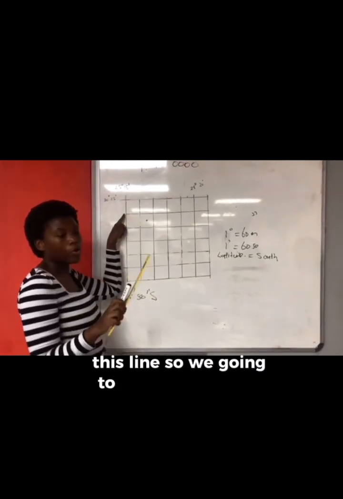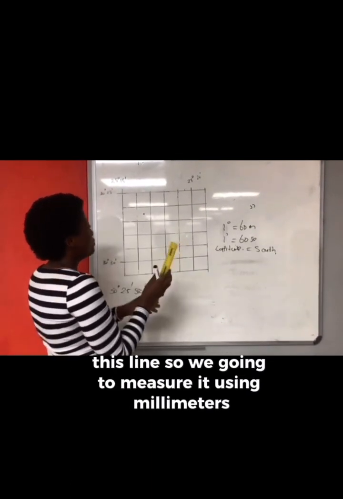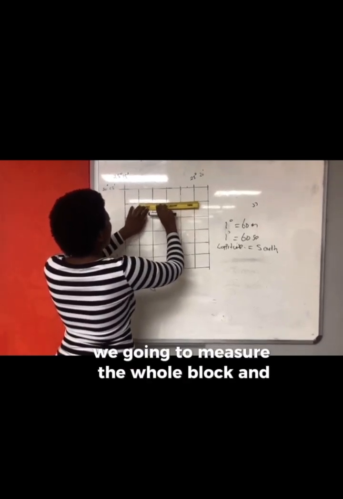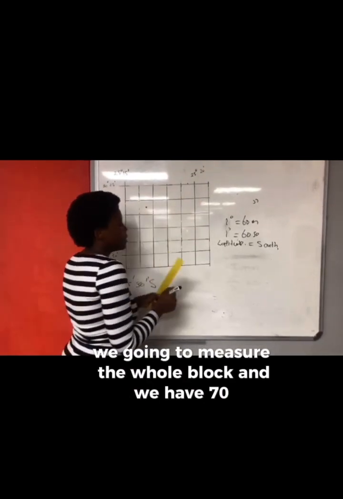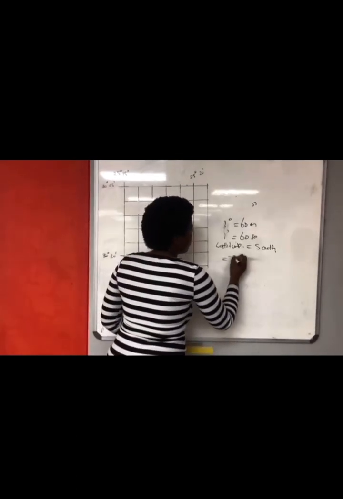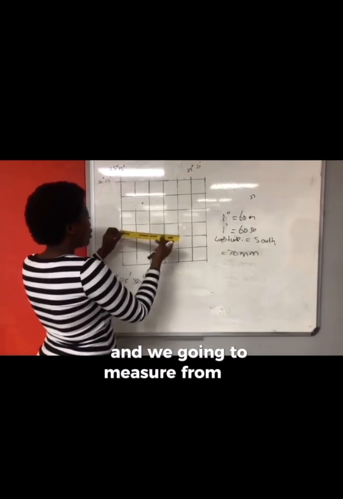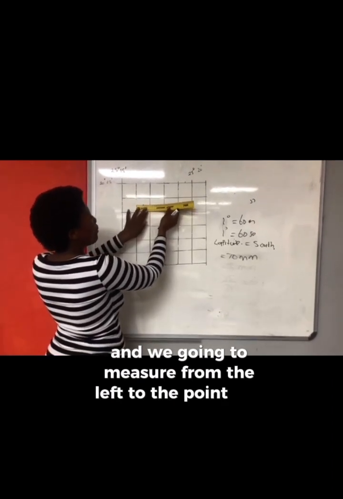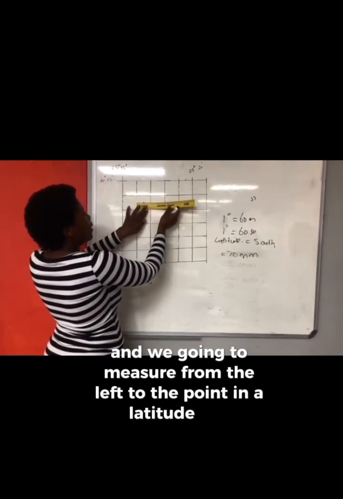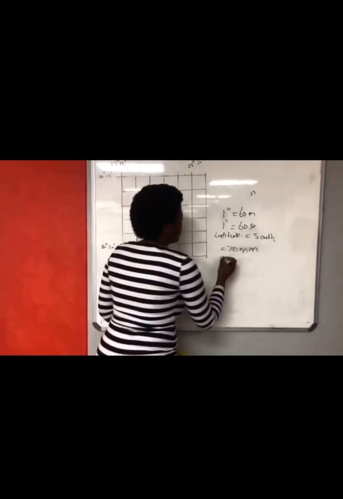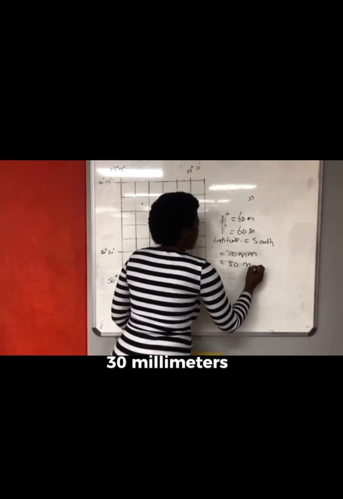We're going to measure the whole block, and we have 70 millimeters. Then we measure from the left to the point in a latitude way, and we get 30 millimeters.